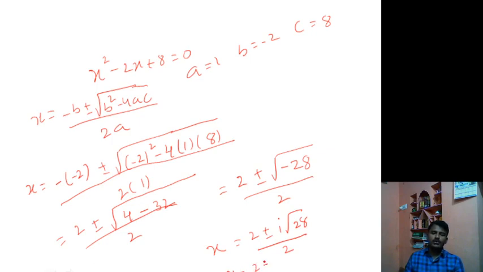One value is x equal to 2 plus iota root 28 upon 2, and the other is x equal to 2 minus iota root 28 upon 2. So this is the value of x.